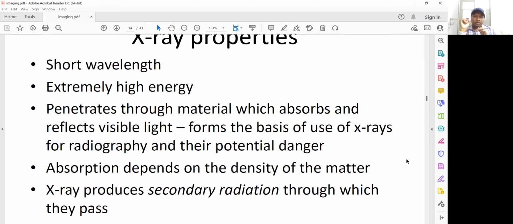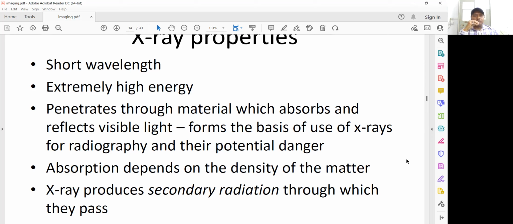If you can remember, after the receptor plane we saw that the image distribution intensity was the lowest for the bone. So the absorption depends on the density. As the bone has the maximum density, the minimum amount of energy was received at the image receptor plane. So the intensity was the lowest over there, if you can remember.